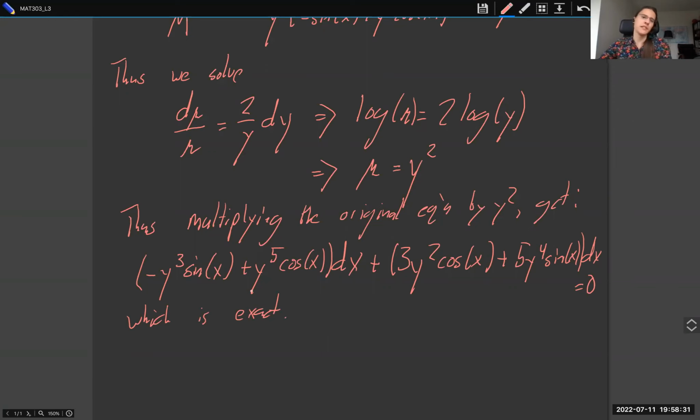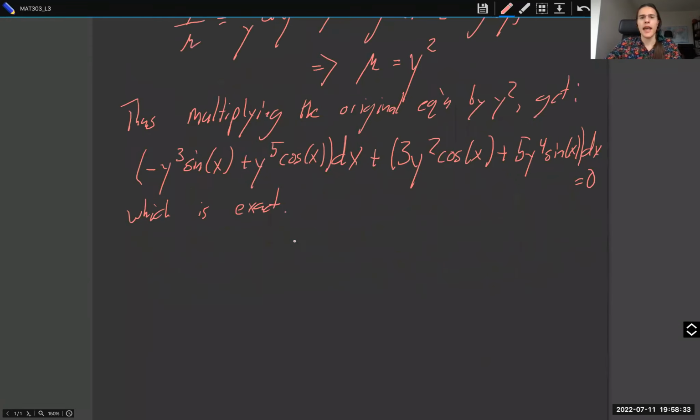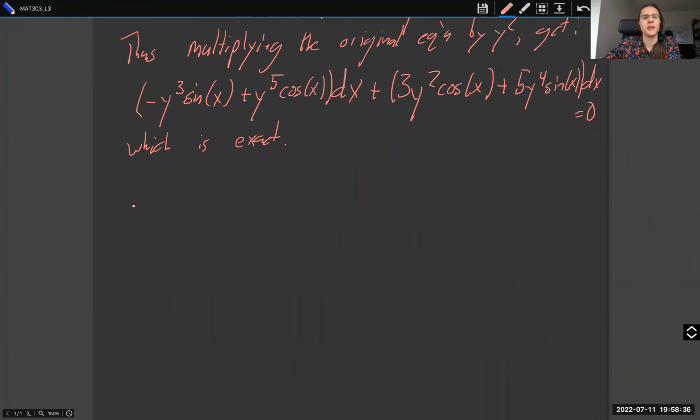It will be if we did our previous technique correctly. And so now we're solving an exact equation.